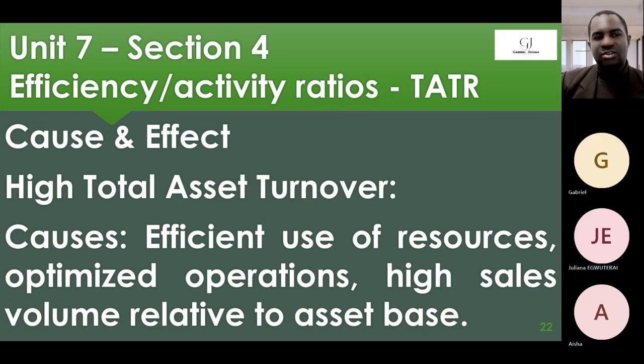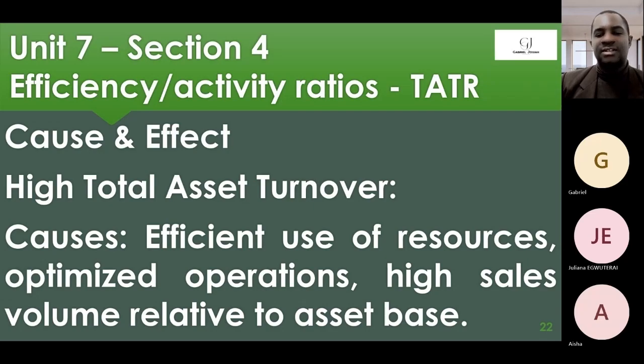All right. So what are the causes of a high total asset turnover, which is always the result that management expects? A high total assets turnover ratio is caused by effective use of resources. Exactly. Optimized operations, high sales volume relative to assets base.